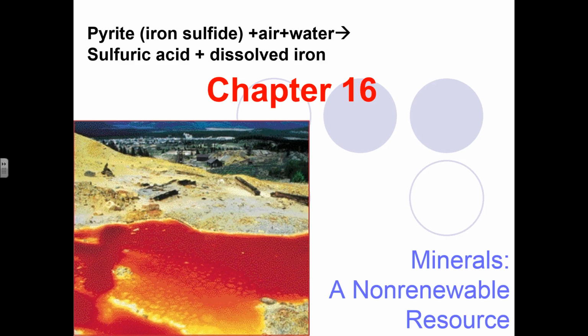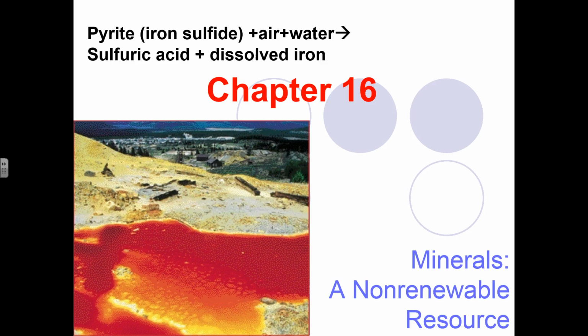This specific picture shows acid mine drainage from a mine in Leadville, Colorado. This mine has been mined for gold, silver, lead, and zinc for more than 100 years, and the acid mine drainage runs off into the Arkansas River.